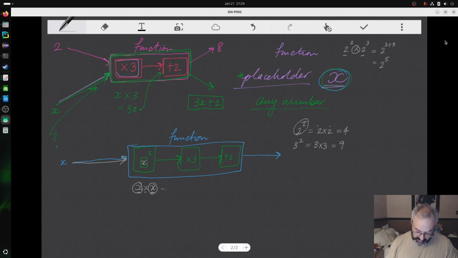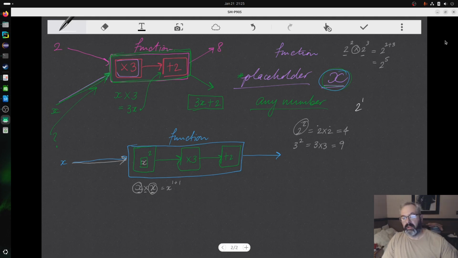So that then becomes x to the power of 1 plus 1. Because remember, if a number does not have an exponent, if it does not have a power, it's the same as being to the power of 1.